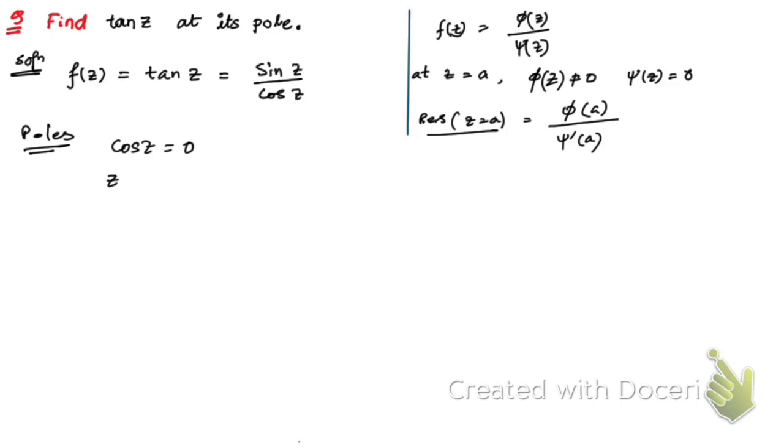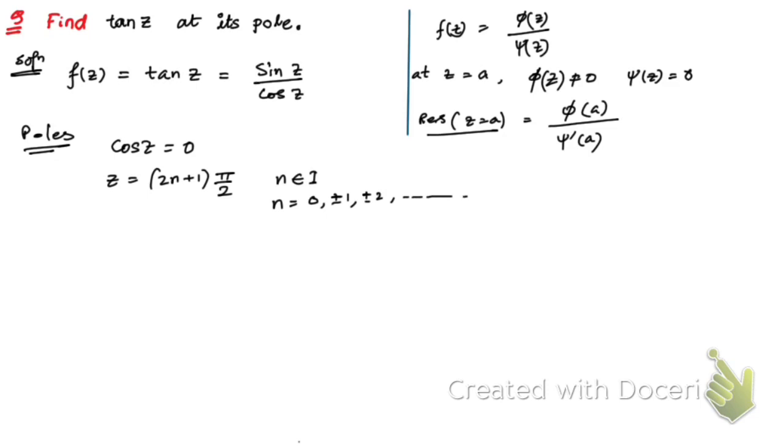That is z is equal to (2n plus 1) multiplied by pi by 2, where n belongs to the set of integers, or simply you can write n is 0, plus minus 1, plus minus 2 and so on, right?